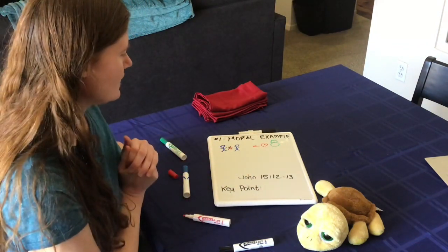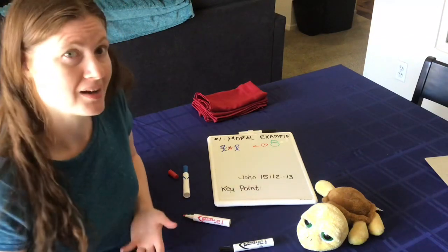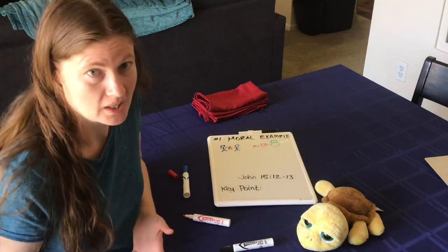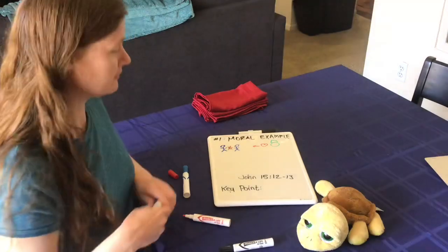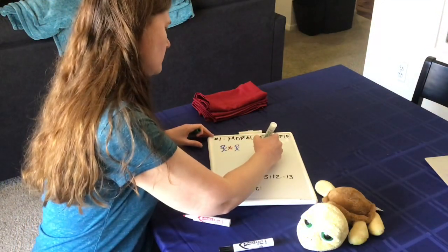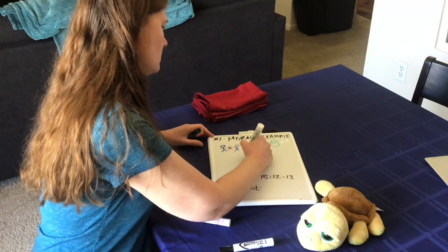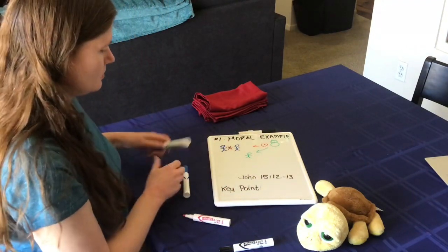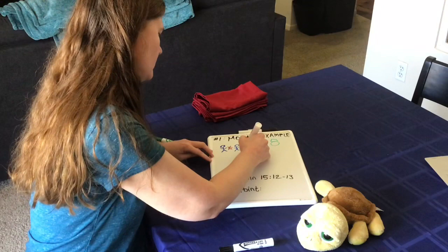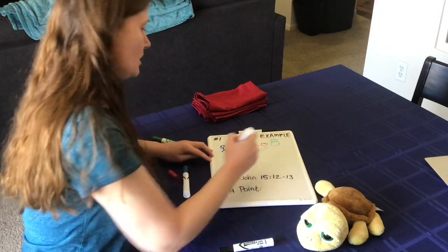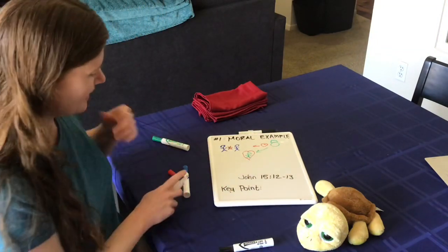So in order to show us how to love and teach us how to love, Jesus came to earth, right? So he sent Jesus down here to show us love. And he showed us that when he was on earth the whole time.